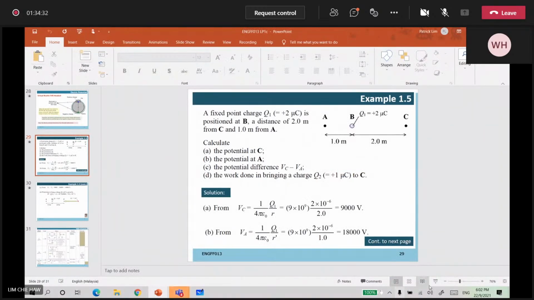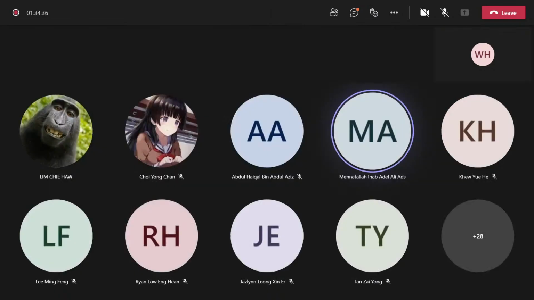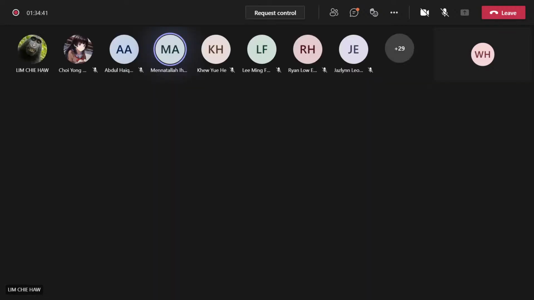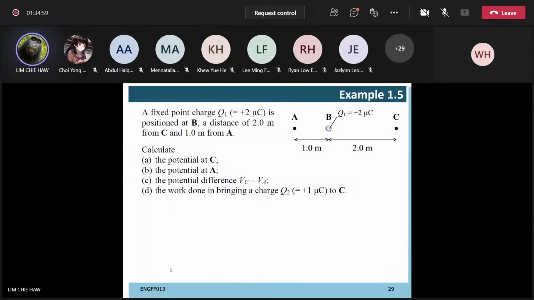My question is, for example, point A and point C have no charge. Is that correct? Yes, there's no charge at point A. So therefore, there's only one charge that sets up the field.